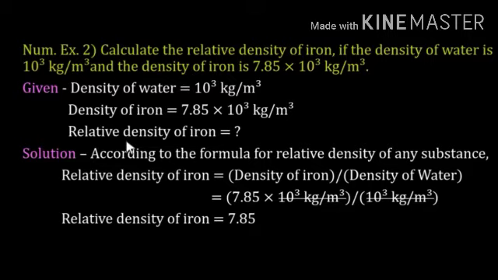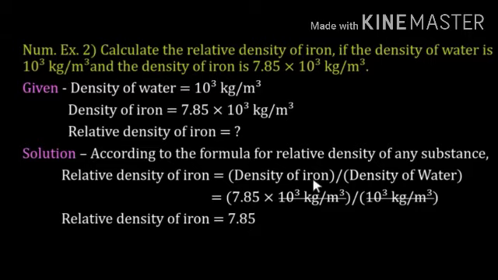Relative density means the density of any substance is compared with the density of water. Therefore, now the solution is, according to the formula for relative density of any substance, relative density of iron is equal to density of iron divided by density of water.